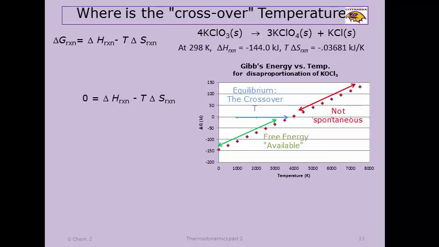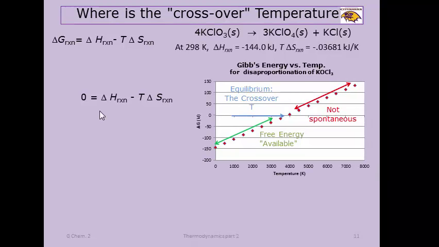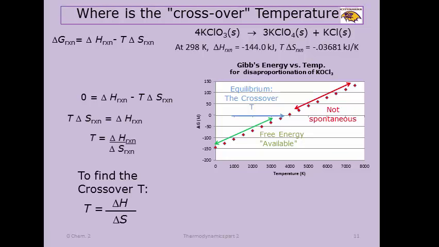So let's figure out where that crossover temperature is. The idea is it happens at equilibrium, and we know that that actually occurs when the free energy equals 0. So we're going to plug in 0 for free energy, and what we want to do is solve for T, the temperature at which that occurs. Do a little algebraic manipulation, bring the T delta S to the other side, and then divide by the entropy. So this is the equation you want to use whenever you want to find the crossover temperature.